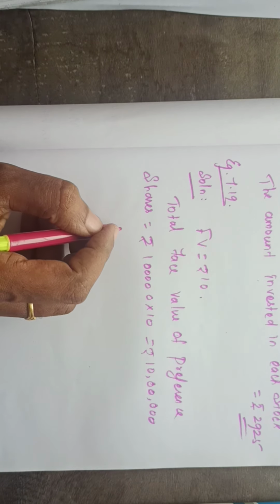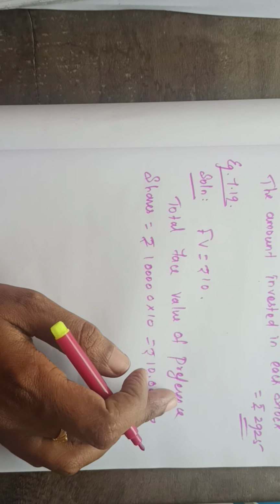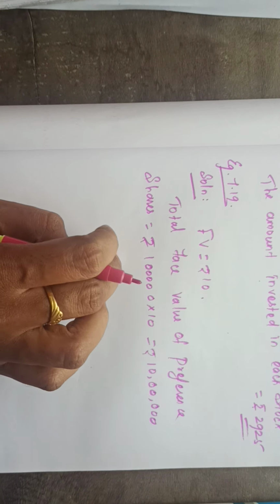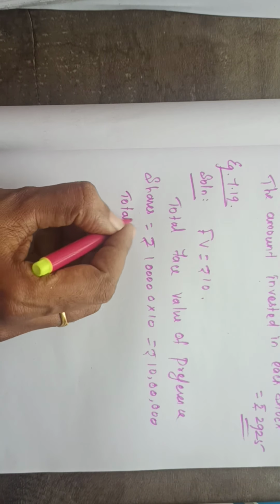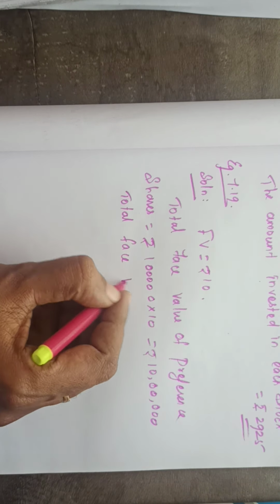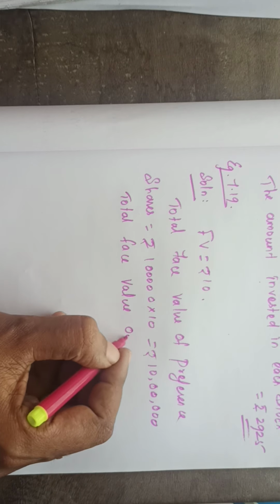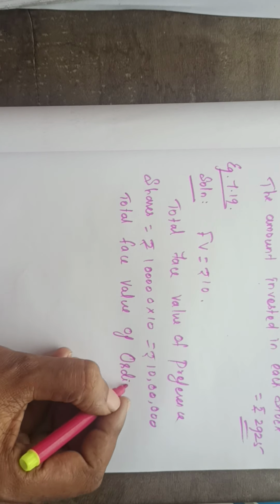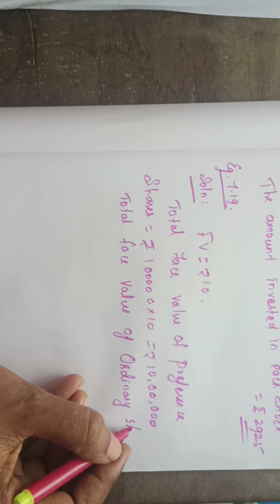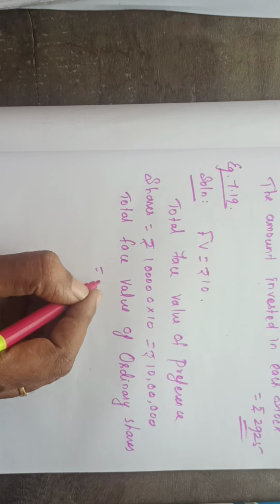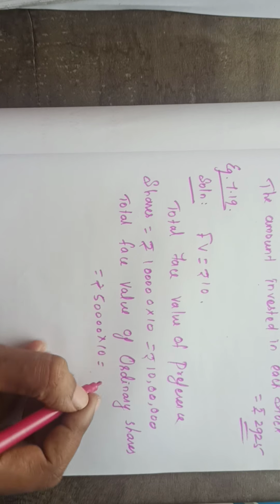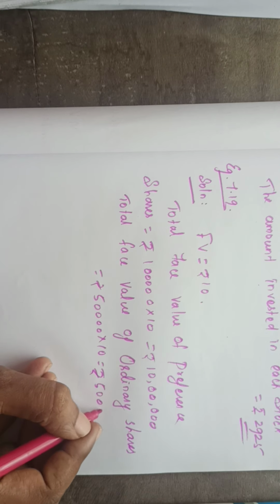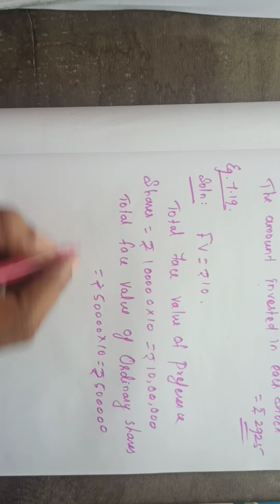Total face value of ordinary shares. So 2 shares are given. Preference shares we have found out, then we will find out for ordinary shares. So total face value of ordinary shares is equal to 50,000 into 10. So how much will we get? 5 lakhs. Got it?